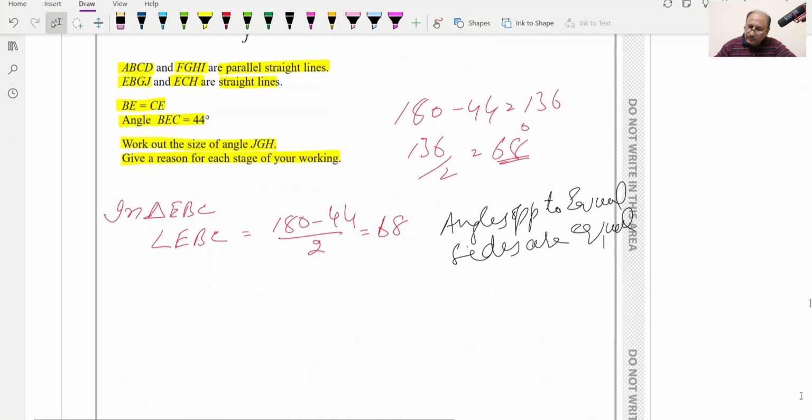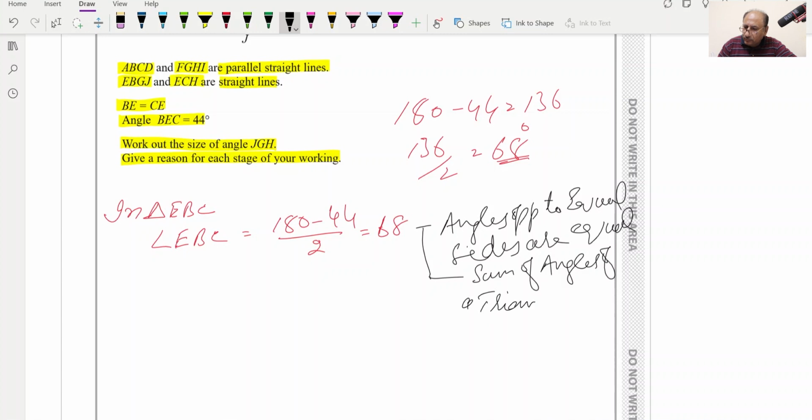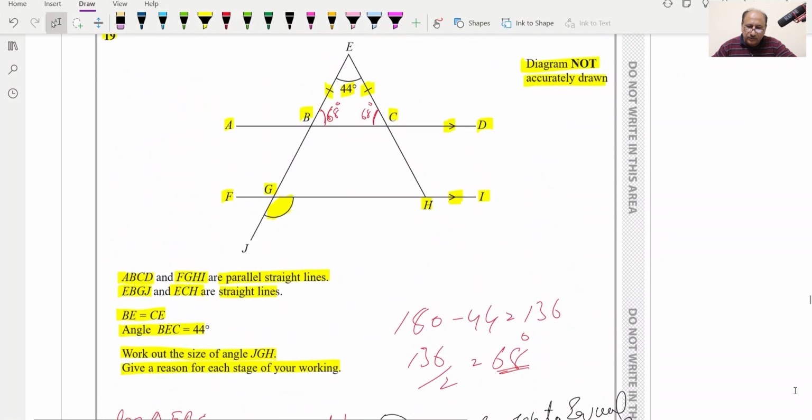One will be this statement, and the second statement which we have applied over here is sum of angles of a triangle is 180 degrees. So we have used these two properties and reached this angle 68.